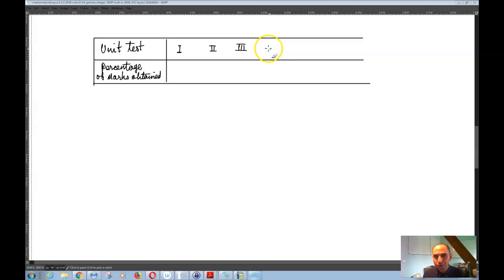So this is number 3, number 4, and number 5, and these are the percentages. So that's 69%, for example, this is 71%, 73%, this is 68%, and 74%, right? So these are the percentages of marks obtained by just one student, related to unit tests 1, 2, 3, 4, and 5, in the monthly unit tests given here.